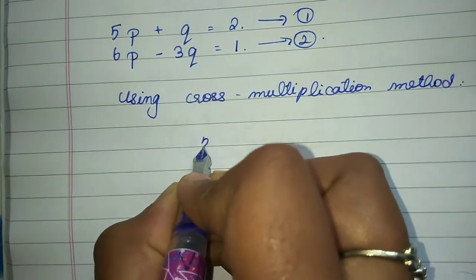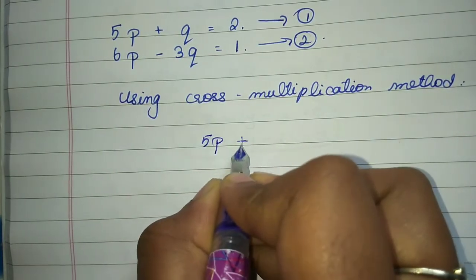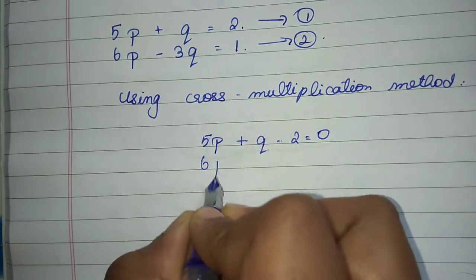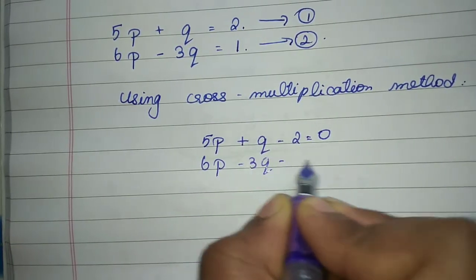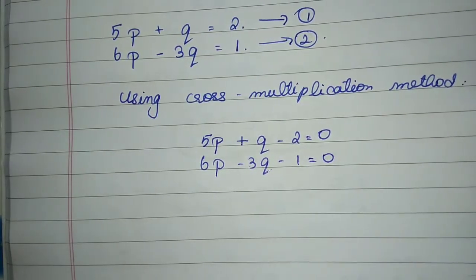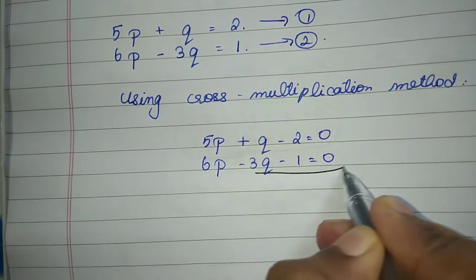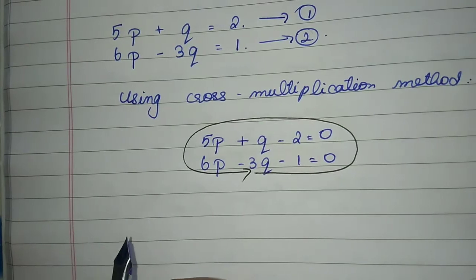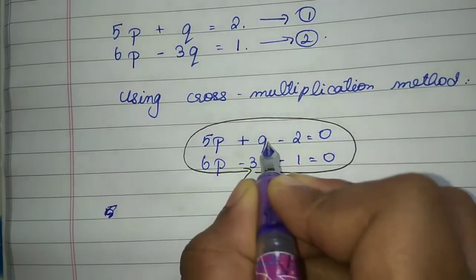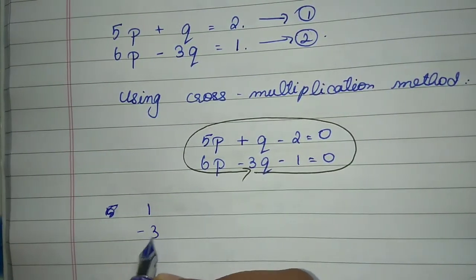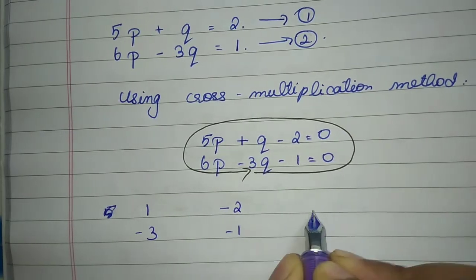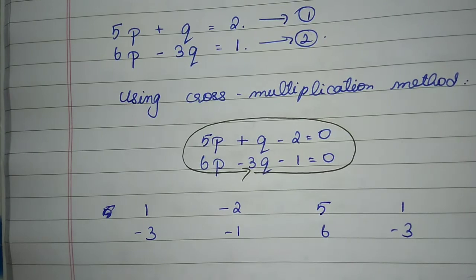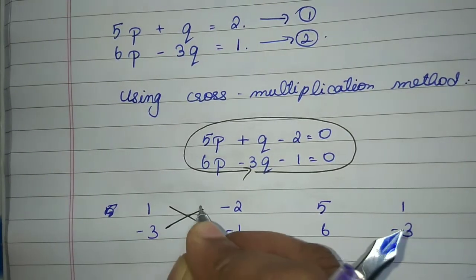So now I will be just writing it in the standard form, that is 5p plus q minus 2 is equal to 0 and 6p minus 3q minus 1 is equal to 0. So the coefficients are 5, 1, minus 2 and 6, minus 3, minus 1. So now let us draw a cross.